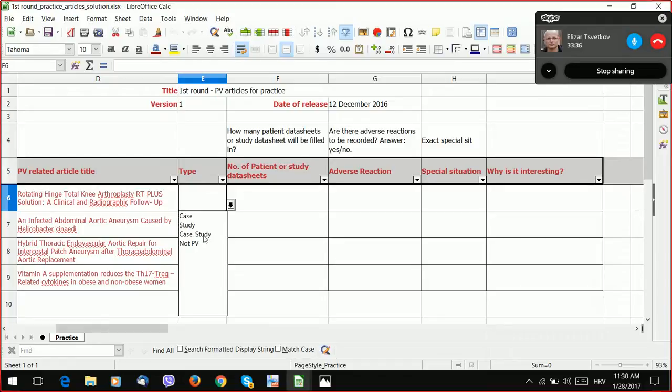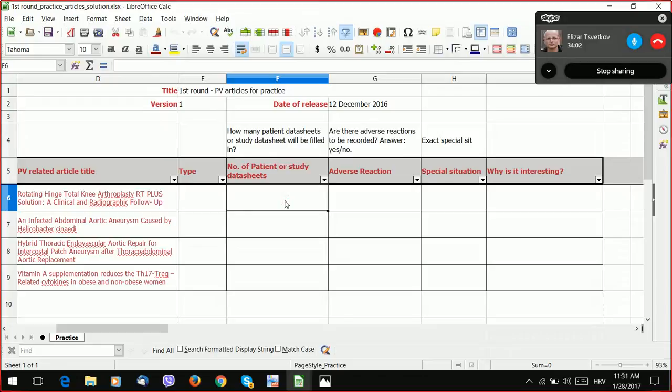As you may remember, case and study is, for example, when we have a patient group discussed in an article, and there is one or even more patients that are identified individually within that group of patients.